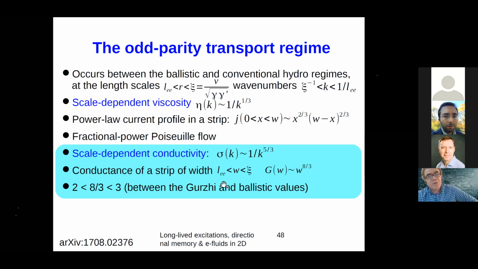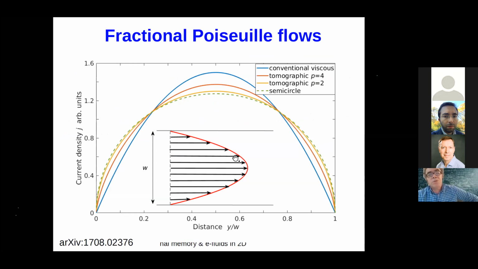These exponents are new and interesting. They're not the same as in conventional hydrodynamic behavior. The velocity profile is also different, because instead of the conventional parabola, we get a profile that looks close to a semicircle. The blue line equals the parabola.